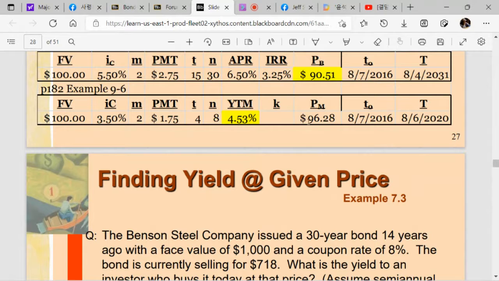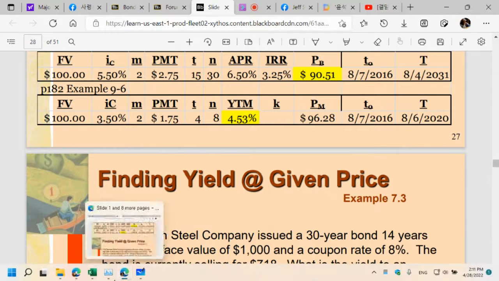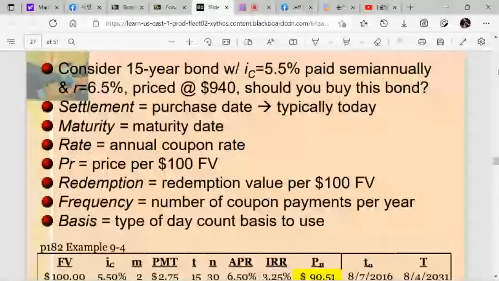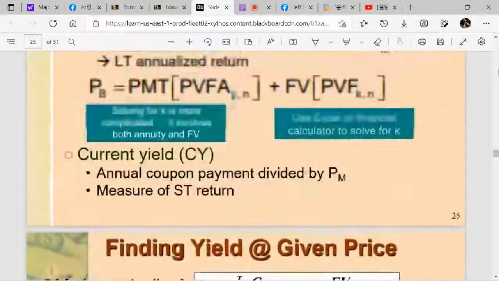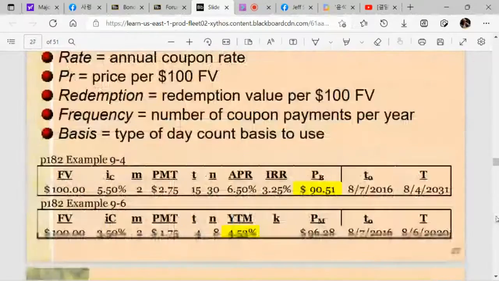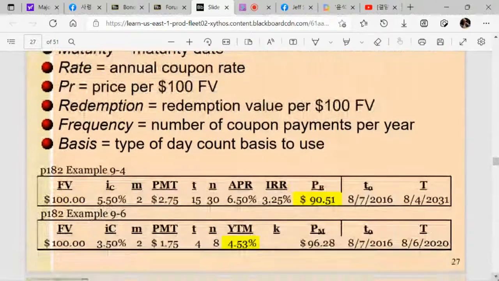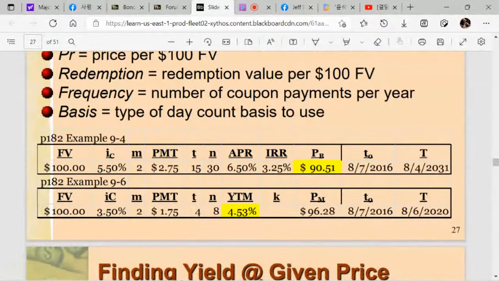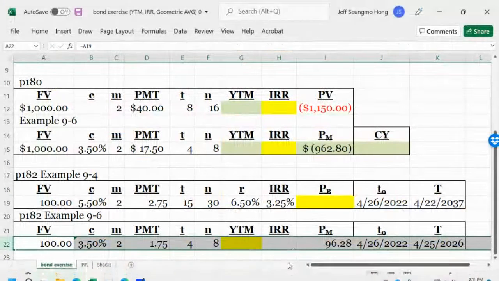Yield is found already here, but this is exactly that example. I don't know if this was already shown somewhere, but from this given data, we can tell what it is asking for.